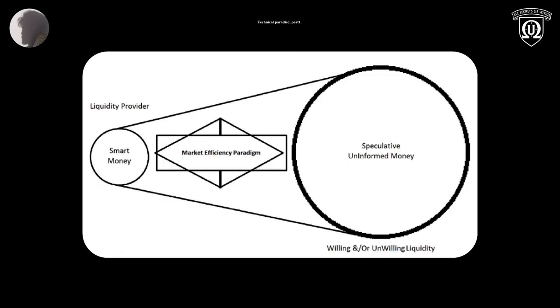Now, before we begin with the details of the charts, we have to really focus in on understanding this picture. In this picture, on the left side, you have smart money, the liquidity provider. And on the right side, you have speculative, uninformed money. This is everyone. So on the right side, in the big circle, you have us, you guys, retail traders.